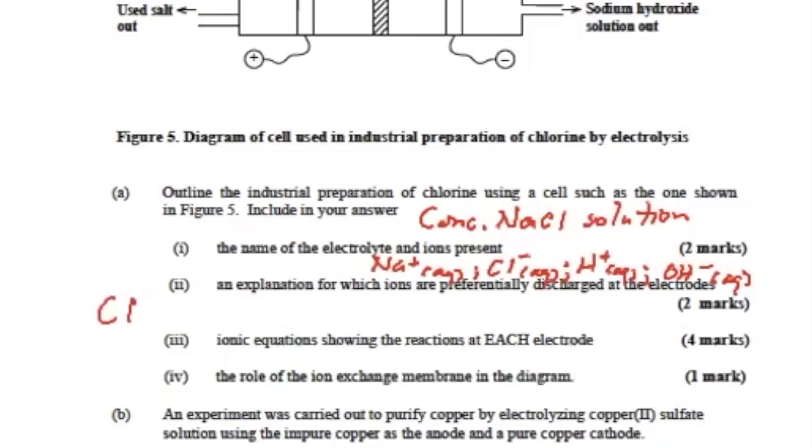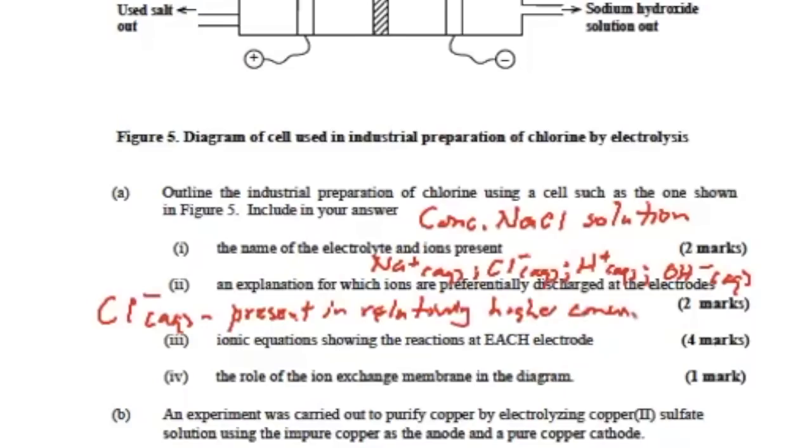So Cl minus ions would be liberated preferentially as it's in a relatively higher amount. So Cl minus would get the nod at the anode because it's present in a relatively larger amount, or relatively higher concentration.